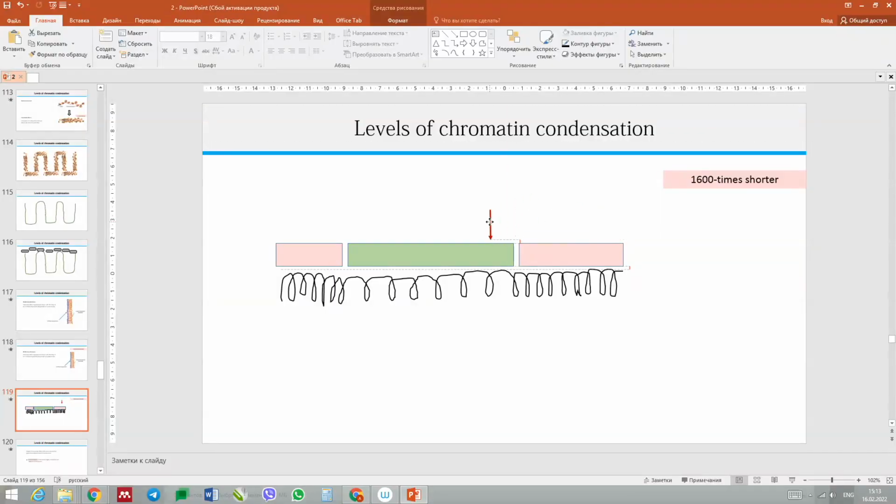This region where chromatin fibers are not so condensed represents fragments of DNA molecule that contain genes active at the moment. And this we call euchromatin regions, while this region we call heterochromatin regions.